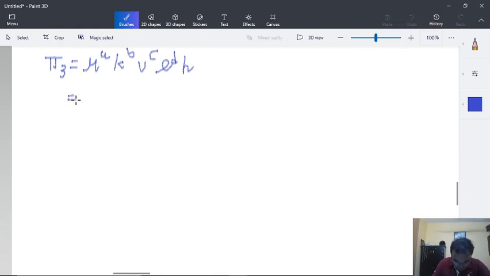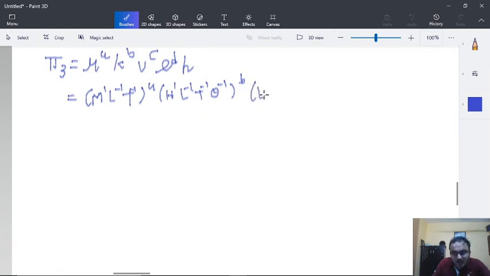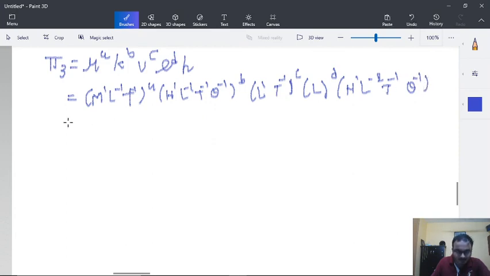So here M^1 L^-1 T^-1 to the a, instead of k we will have H^1 L^-1 T^-1 theta^-1 to the b, L^1 T^-1 to the c, L raised to d, and for h we will have H^1 L^-2 T^-1 theta^-1.